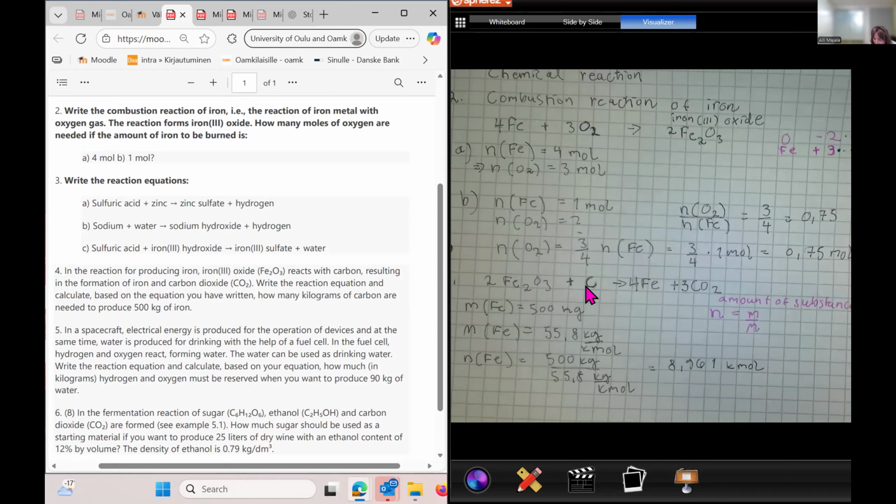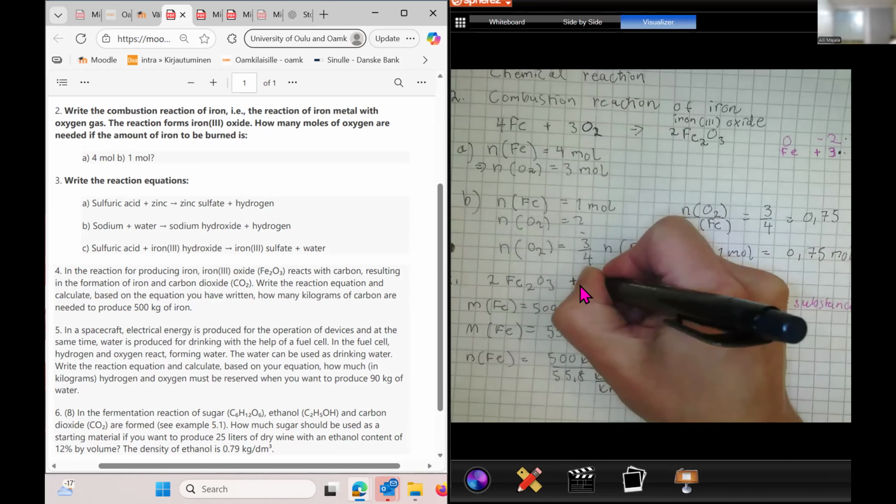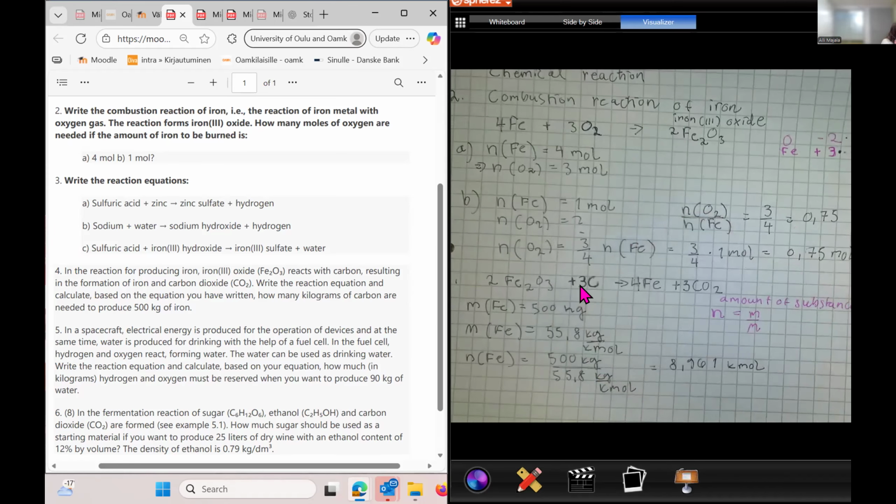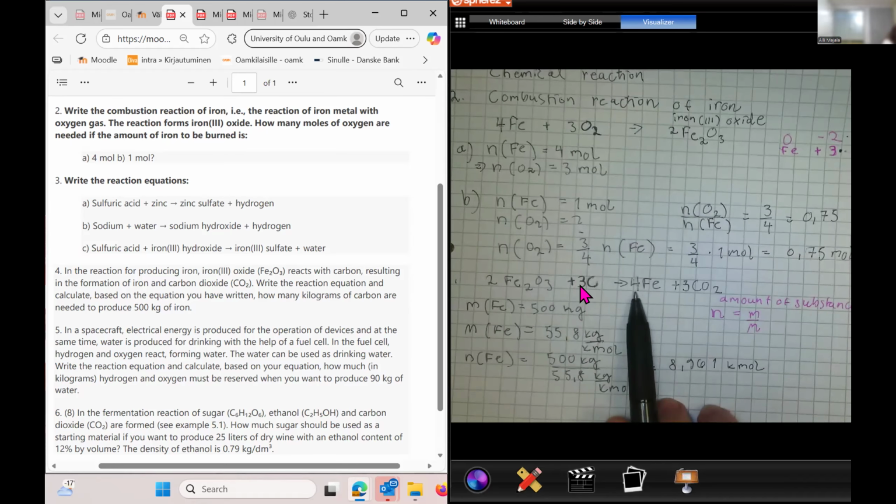Before I make any more calculations, I have to put there, of course, the 3 there, because with the C there's 3 CO2, 3 to balance the carbon as well. This is lacking. Okay, so to get 4 of iron, I need 3 of the carbon.